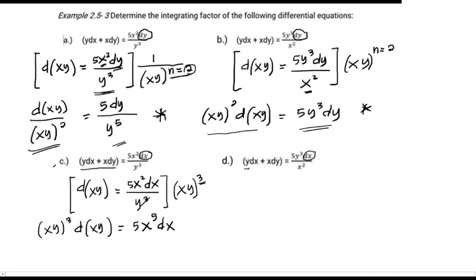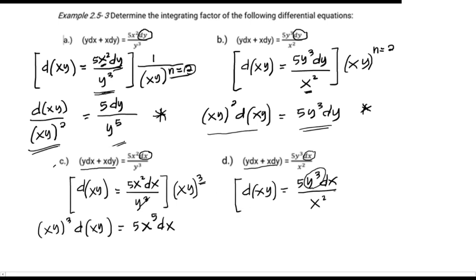For letter D, we are going to substitute again the differential of xy. And that is equivalent to 5y cubed dx over x squared. In this equation, we need to eliminate y cubed in the numerator.